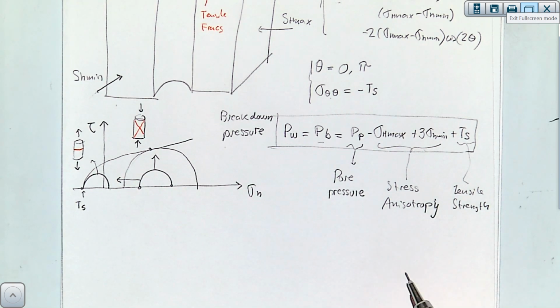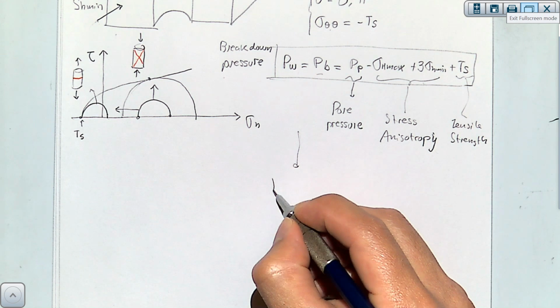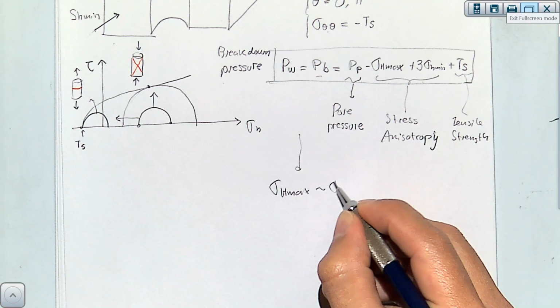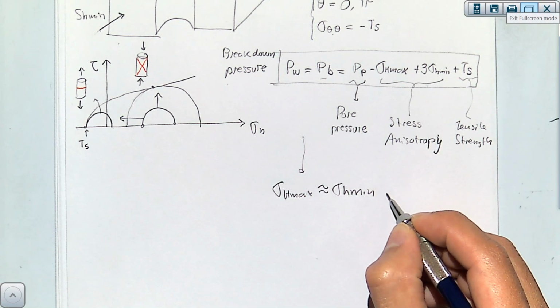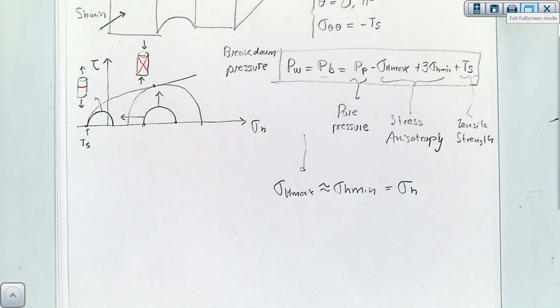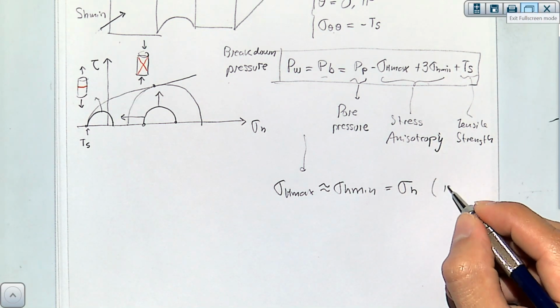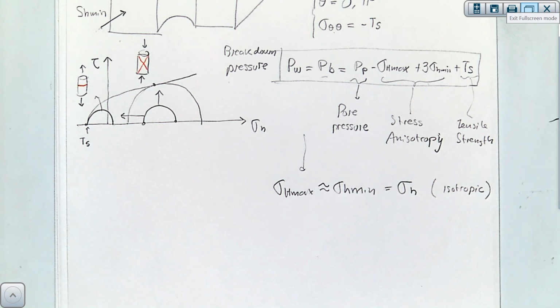So assume for the moment, to make life easier, that sigma h max is about the same as sigma h min, and let's just call it sigma h. This is the case of isotropic stresses.